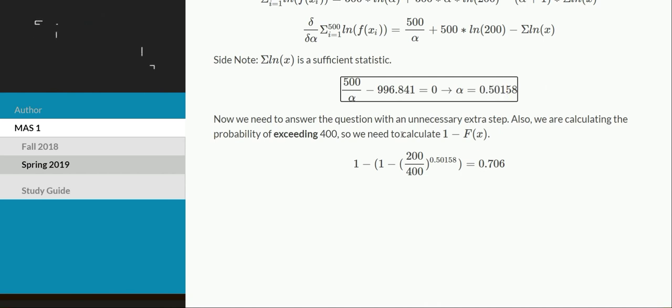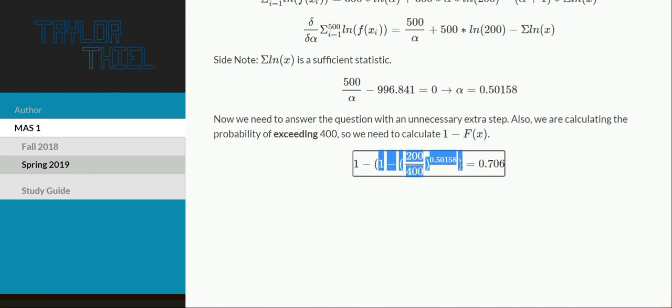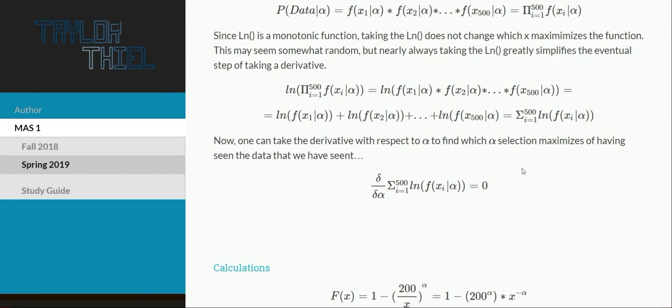So we need to, using the alpha we just calculated, calculate 1 minus the CDF, because we care about it exceeding 400, and then just plug and chug. That's 1 minus the CDF we're given, where 400 is the x of interest, and alpha is what we just calculated. That gets us our final solution of 0.706.